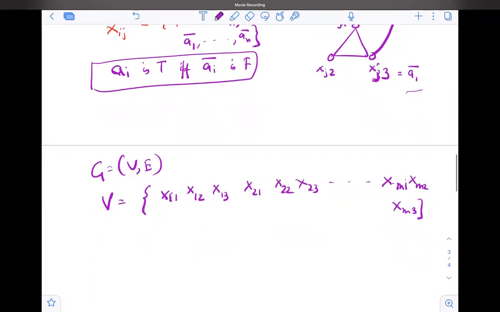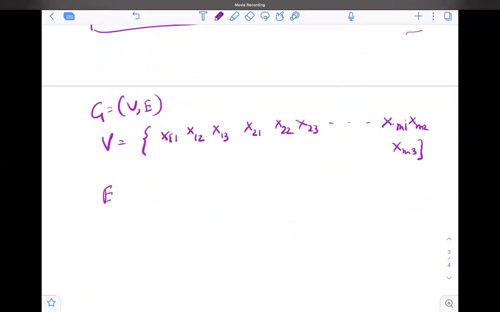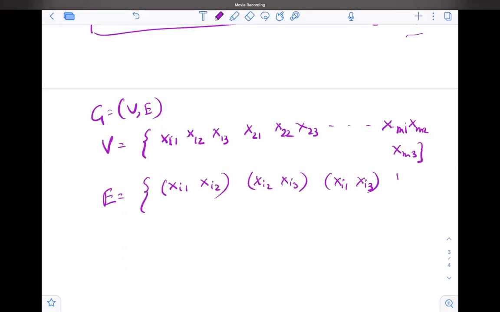Now, what are the edges? First of all, xi1 and xi2 are joined, xi2 and xi3 are joined, and xi1 and xi3 are joined. So these triangles are there for all i.